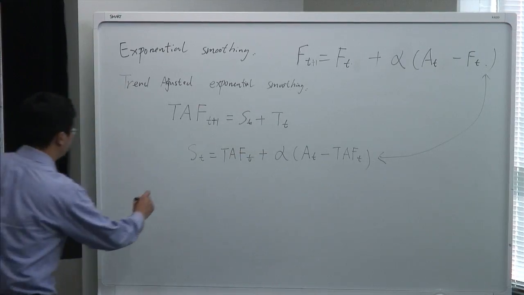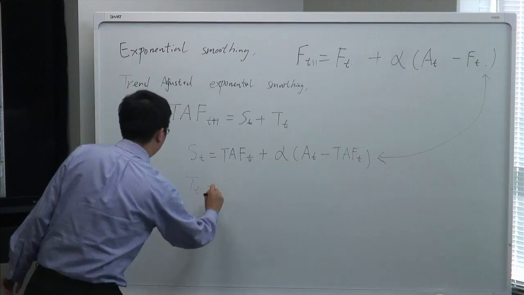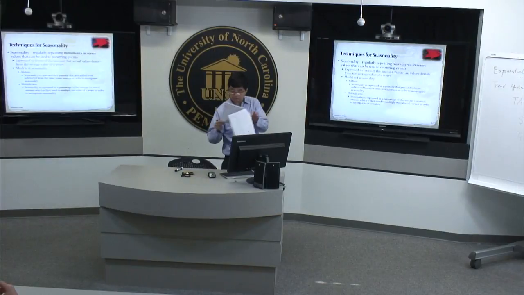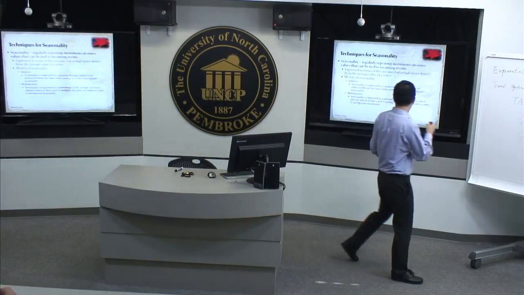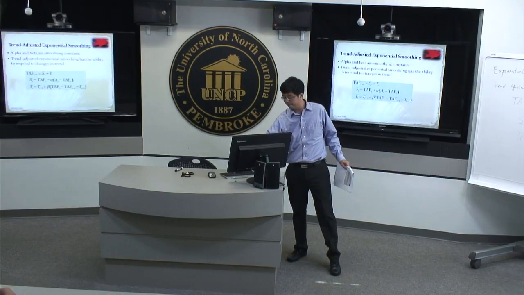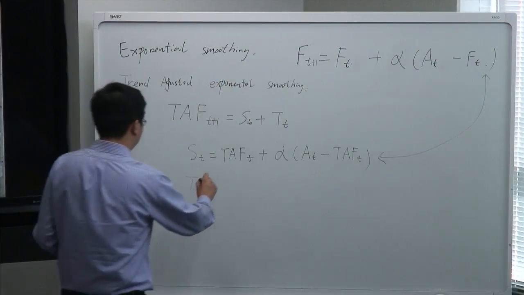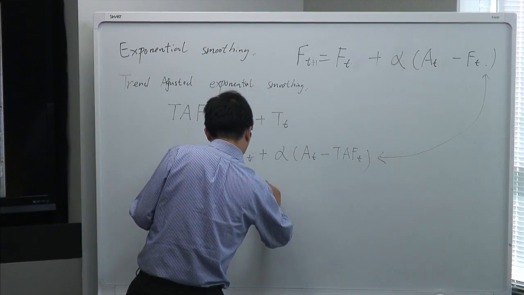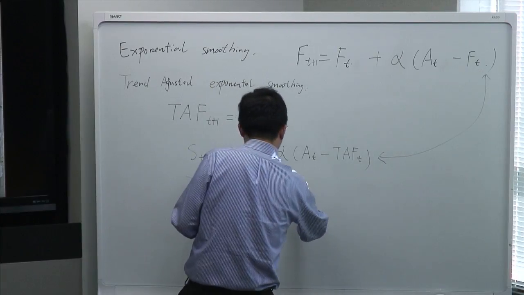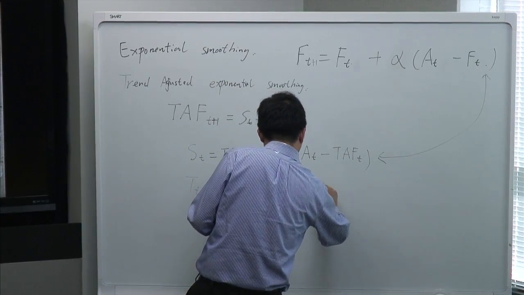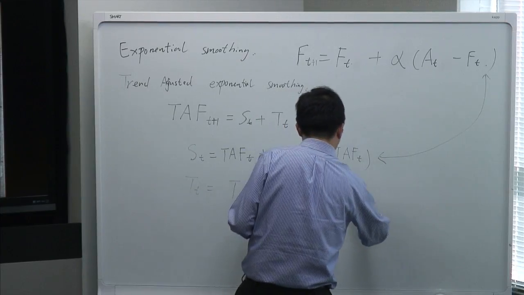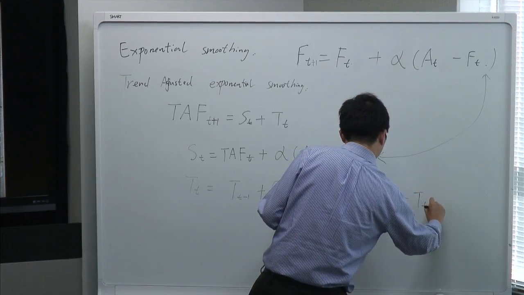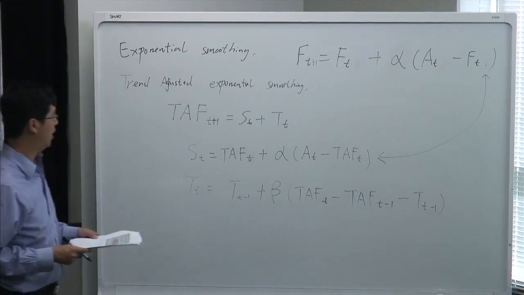But T(t), which is the trend estimation, is equal to the previous trend estimate T(t-1) plus another parameter, beta, times (forecast minus previous period forecast, minus the previous period's trend parameter).